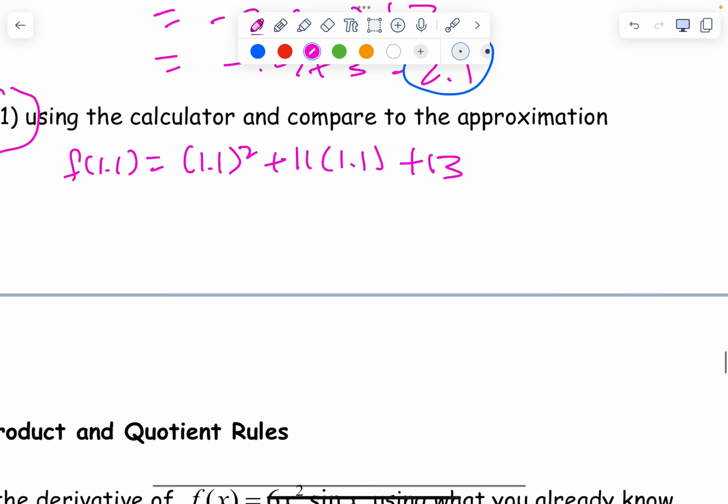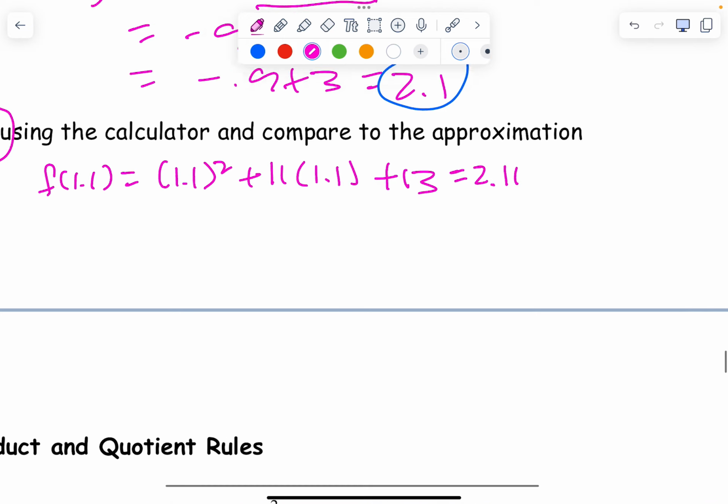Type that on your Desmos. You should get something to 2 decimal places. Is that right? 2 point how many?